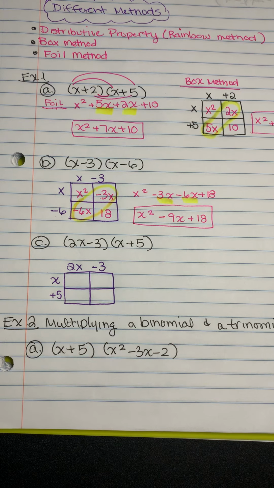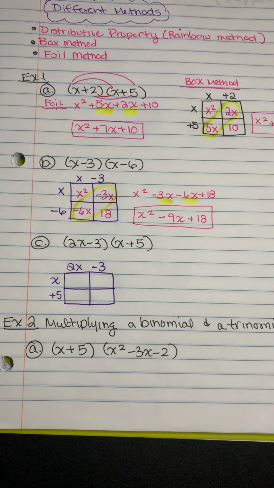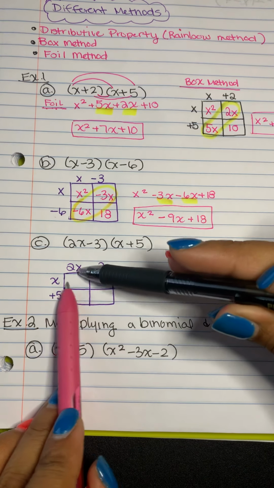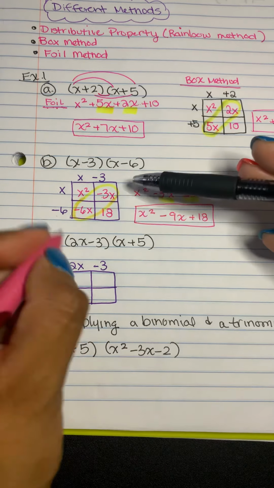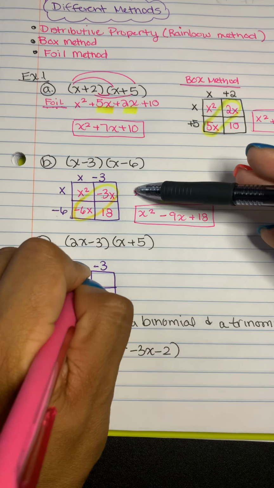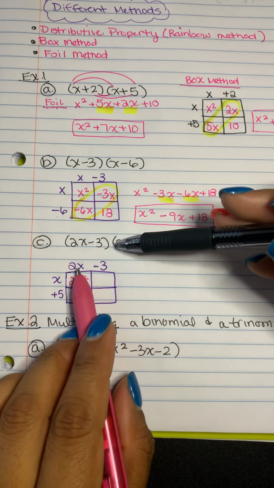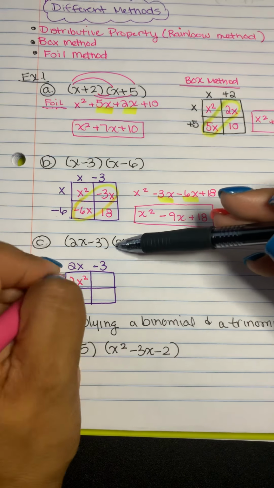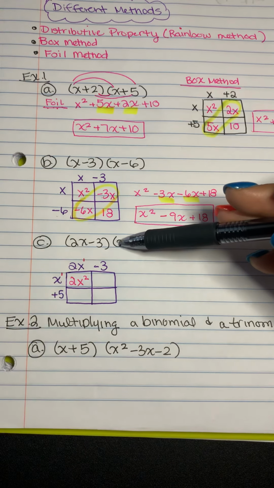Okay. Again, students, we're doing the exact same thing we did up here. Multiply these two. 2x times x is 2x squared. Remember, when you're multiplying polynomials, you're really adding your exponents.